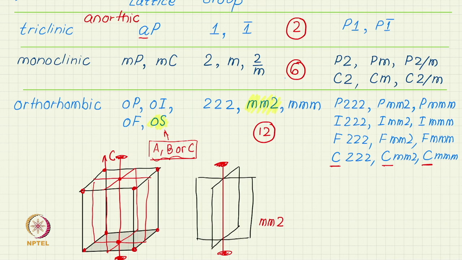However, if I tilt this and make the two-fold pass this way, let me try to draw it in a different color. So, if I take the green orientation of the two-fold, then the two-fold axis is now passing through an uncentered face.